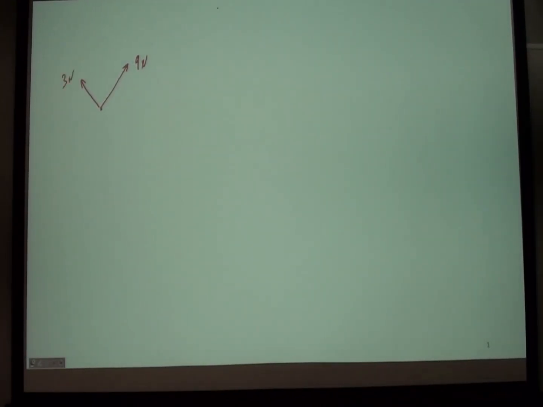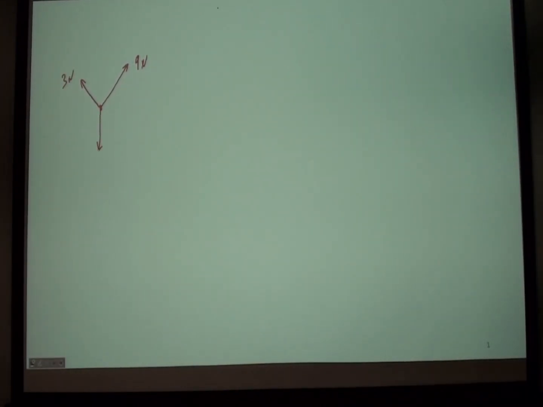So, of course, I need to write equations first. For that, I need to finish my reference frame. So what do I have? Force number 1, 9 newtons. Force number 2, 3 newtons.